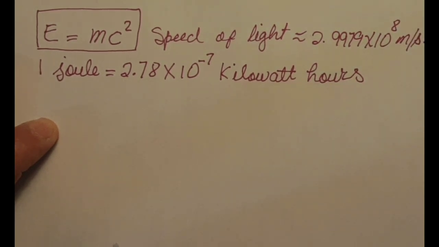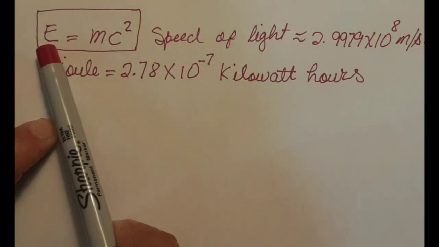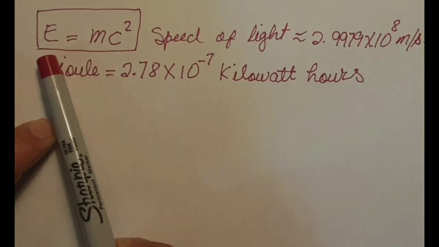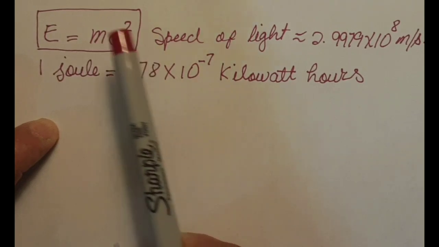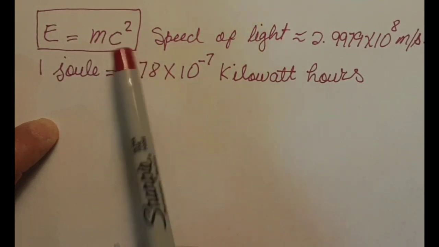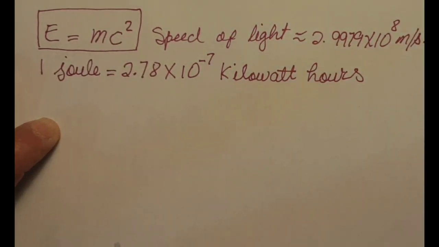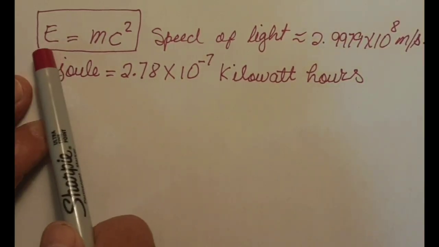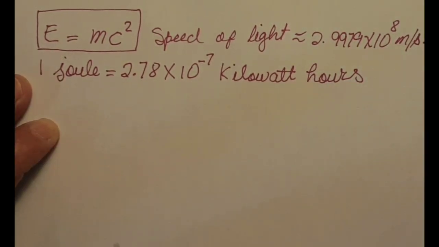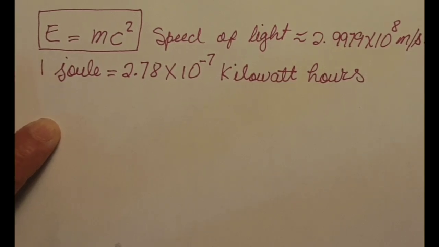the amount of energy. You see, this is energy, E stands for energy, equals mass times the square of the speed of light. They want us to find the amount of energy in 1 kilogram of matter, saying that 1 kilogram of matter is converted completely to energy.